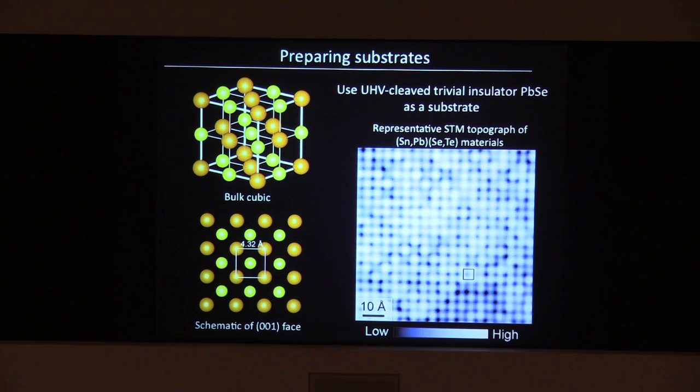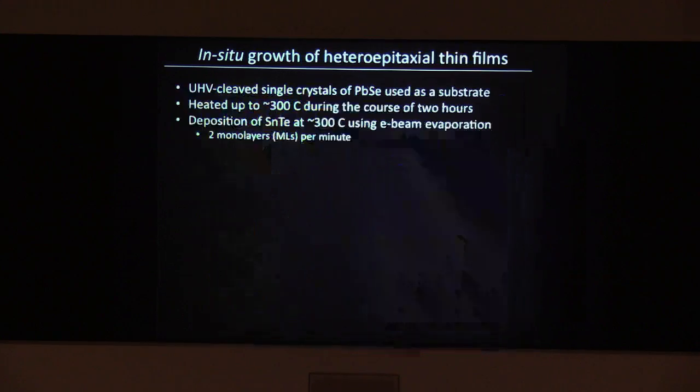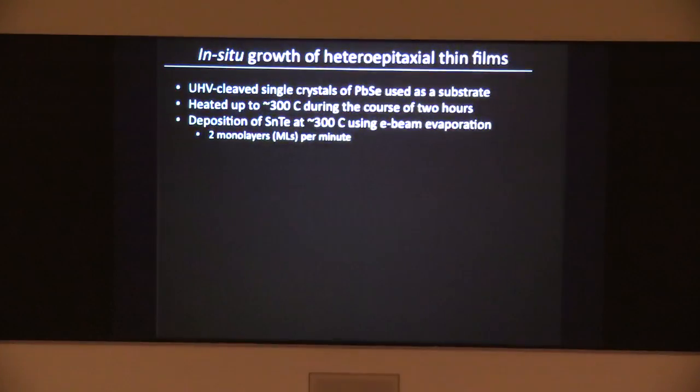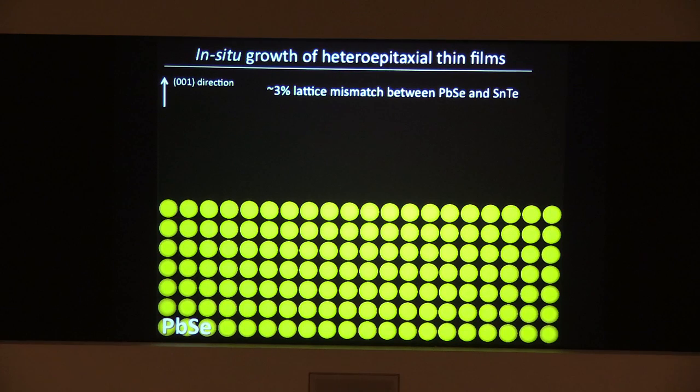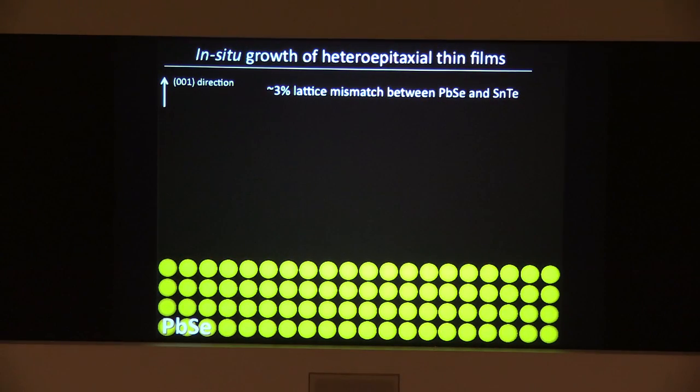So we used lead tin selenide as our substrate, and on top of that, we grew tin telluride, which is topological. And the recipe is very easy. It's very easy to grow these thin films. So what do you expect? So here's the lead tin selenide substrate. You cleave it, you expose a beautiful surface, and then you deposit the tin telluride atoms.